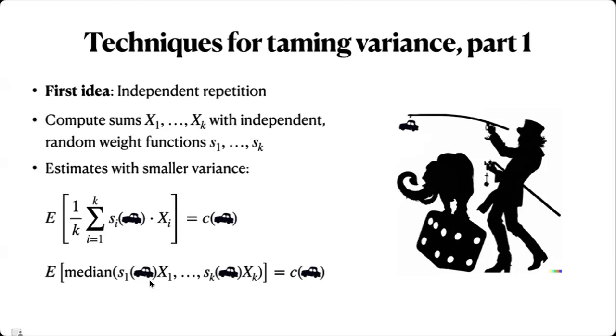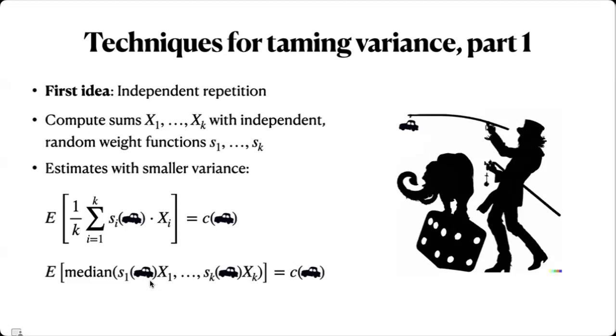If the variance is large, we have to average a lot of things to get the variance low. Taking the median has different properties. It doesn't necessarily reduce the variance, but it increases the reliability. So the probability that your estimate is much worse than what would be predicted by the variance becomes quite small if you take a median of several estimates.